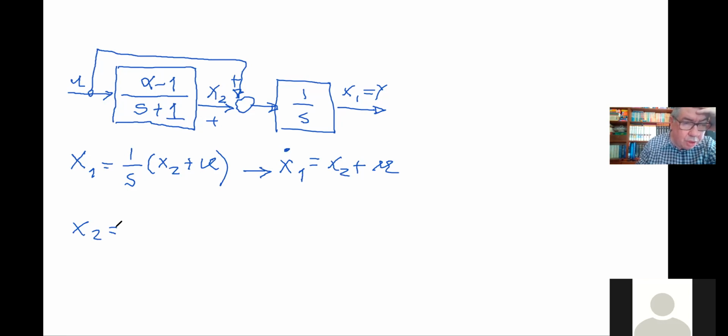Write x2 in the s domain and then go back to the time domain. And x2 is a transfer function, alpha minus 1 divided by s plus 1, multiplying u of s.